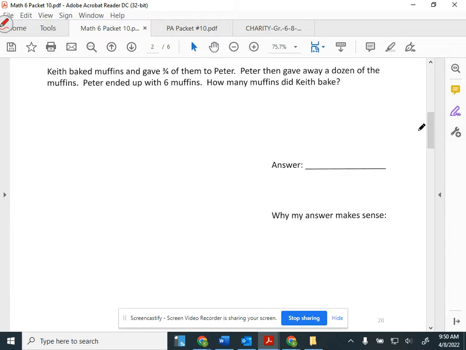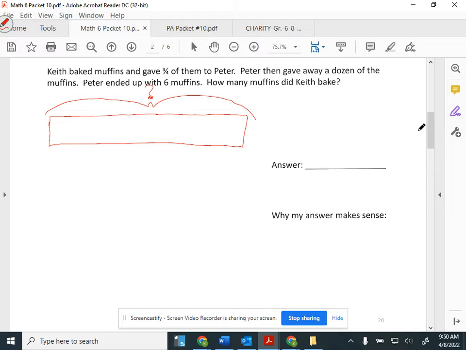So I'm going to start with my bar. I want to know how many muffins did Keith bake? So that is my question. How many muffins altogether did he bake? How can I divide my bar up with the information they gave me?